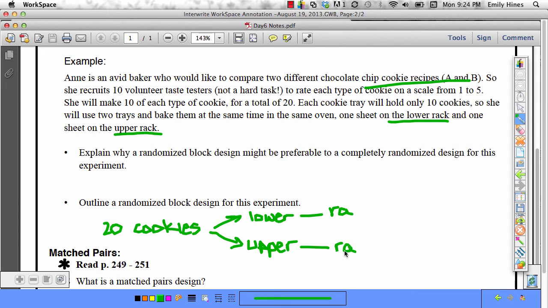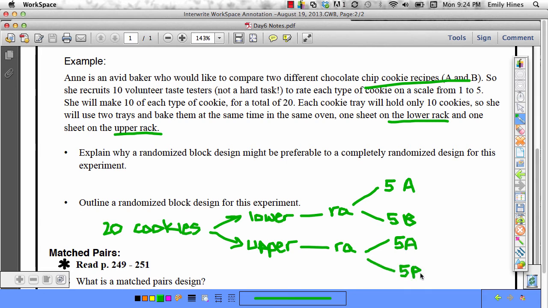And I would randomly put 5 cookies of type A and 5 cookies of type B. And down here I would randomly put 5 cookies from type A, 5 cookies from type B.